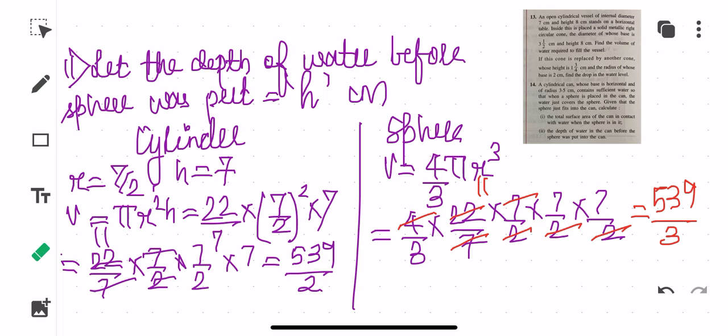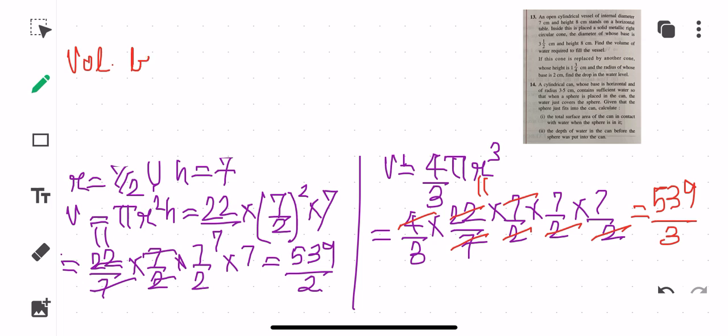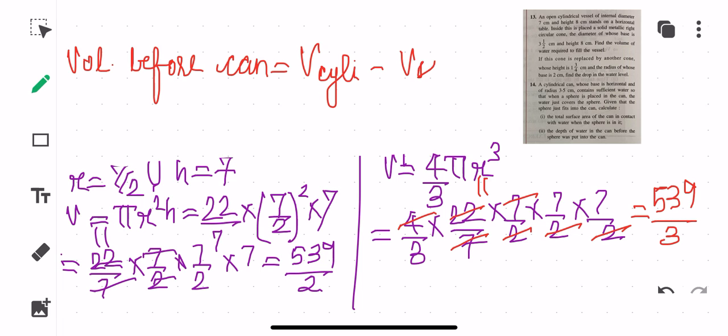Now you have taken this as h centimeter, that you have to remember, children. The volume with the sphere inside will be equal to the volume of the cylinder minus the volume of the sphere. So this is 539 divided by 2 minus 539 divided by 3.